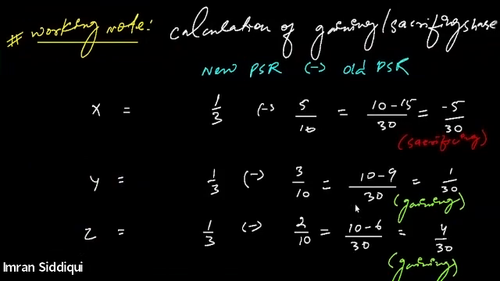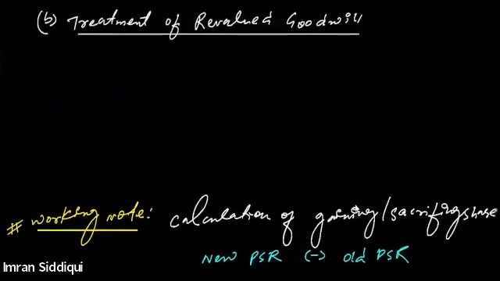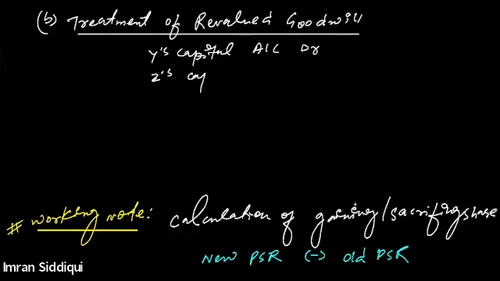Done, sir. Okay, now we'll pass the general entry, and the general entry will be, since Y and Z are gaining and X is sacrificing, so the general entry for this will be Y's capital account debit, Z's capital account debit, to X's capital account, right? And the value of the goodwill was 30,000.